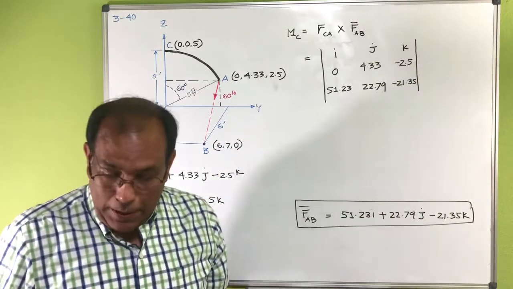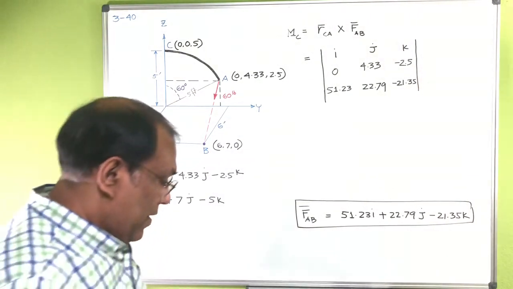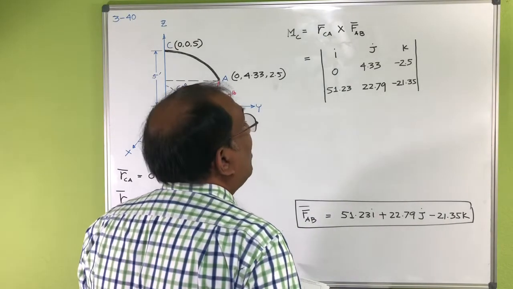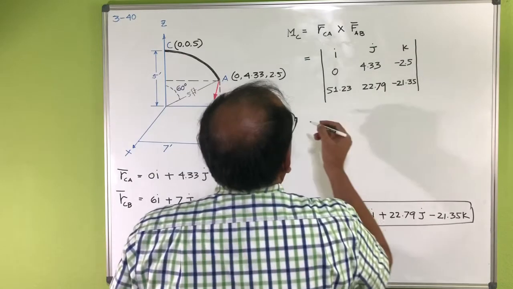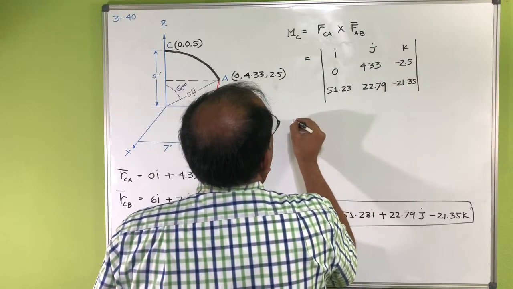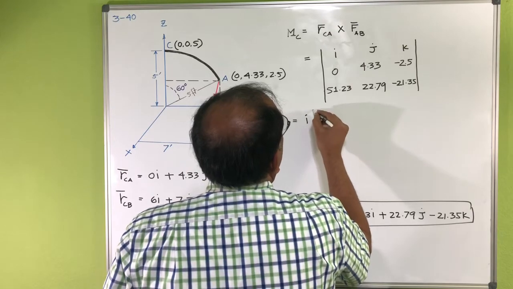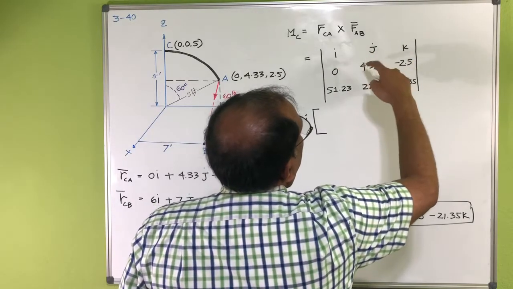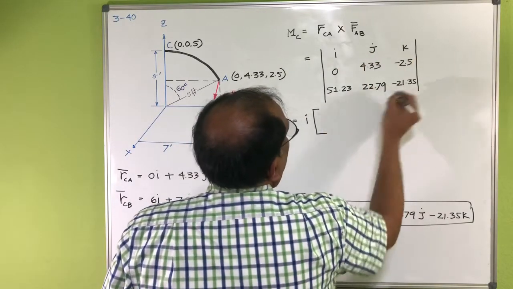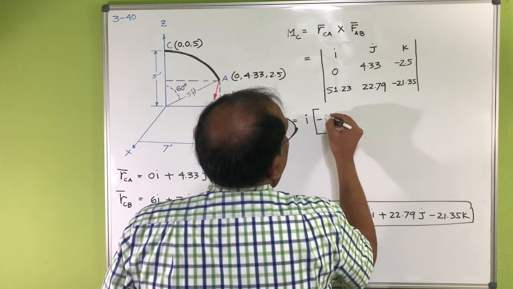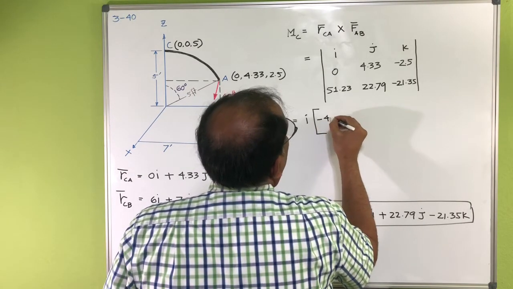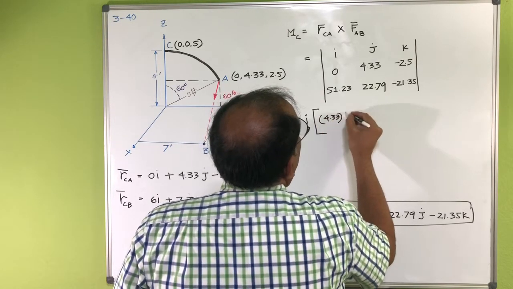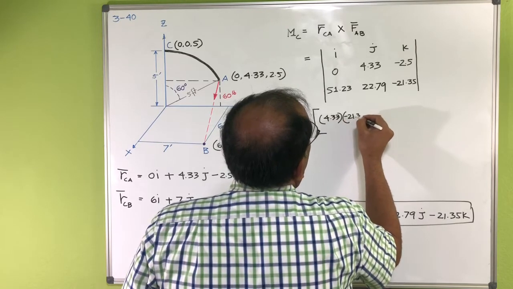Okay, so if you find out the magnitude, like our determinant of this one here, let me do it here. So this one would be I. When you are taking I, then you have to cross this one, right? So this minus this. So you can see minus 4.33 times minus 21.35.